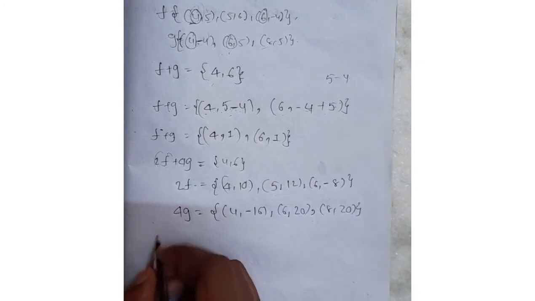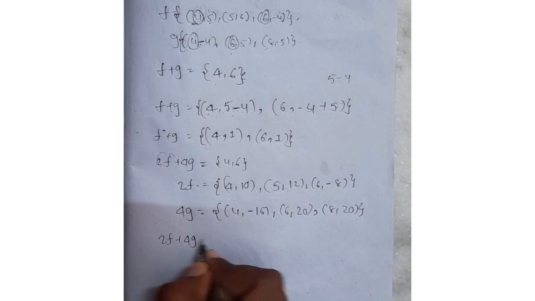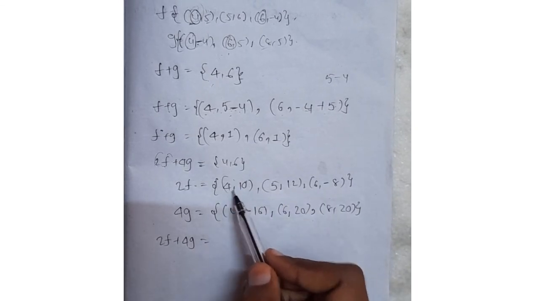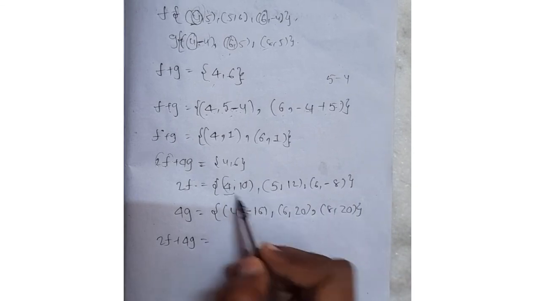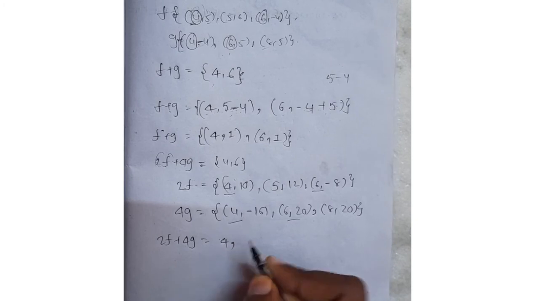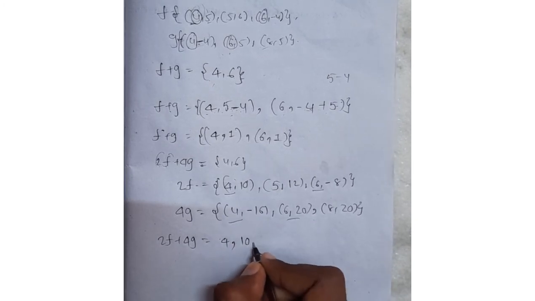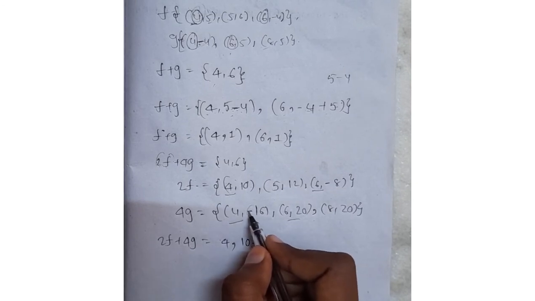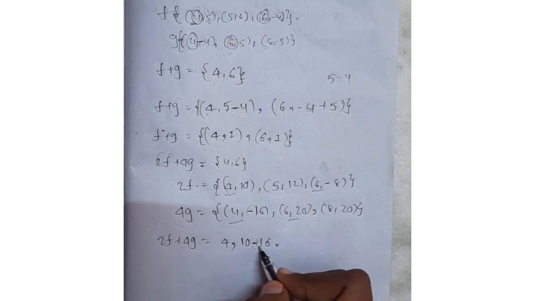Okay. Now 2f plus 4g. Only the terms which have a common domain, those ranges will be added. Here this domain and this domain are the same. So (4, 10 minus 16). As we have minus, we are writing minus here. If it was plus, then here also it would be plus.